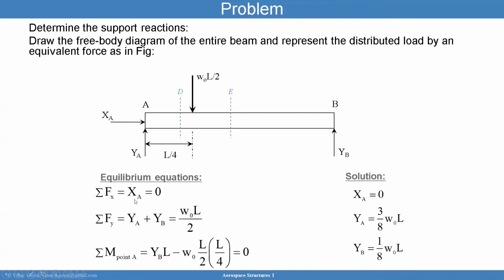Sum of forces in the x direction, so XA is 0 from there. YA plus YB is W naught L divided by 2. And you can sum moments about point A to get rid of these two reactions, which will then give you the reaction forces.